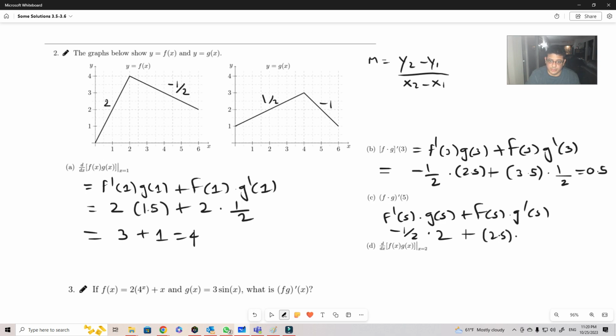And g prime of 5 is minus 1, the slope of that line. So this should be minus 3.5.